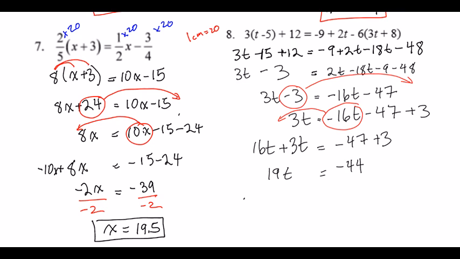And now, in order to get our t isolated, we divide both sides by 19. And so we get t is equal to negative 44 over 19, or some ugly looking decimal.